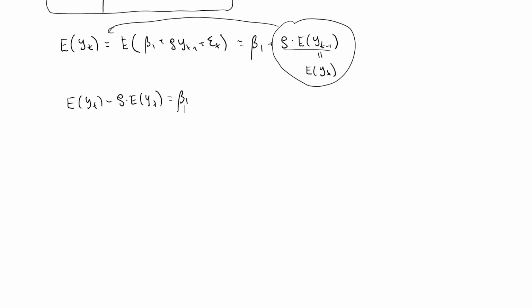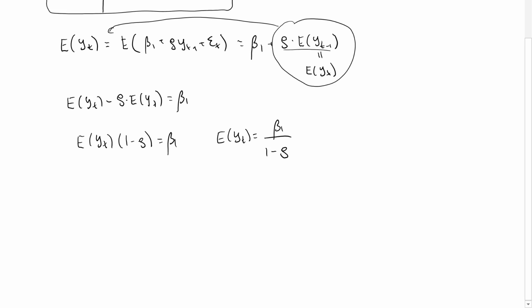Let's factor out expected value of yt. 1 minus rho equal to beta 1. And let's divide both sides by 1 minus rho. So then I have the expected value of yt. It's beta 1 over 1 minus rho.